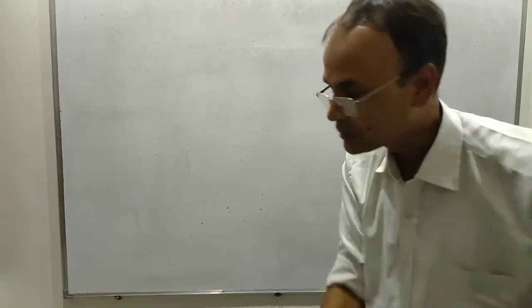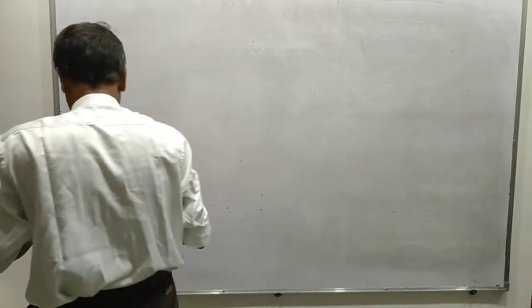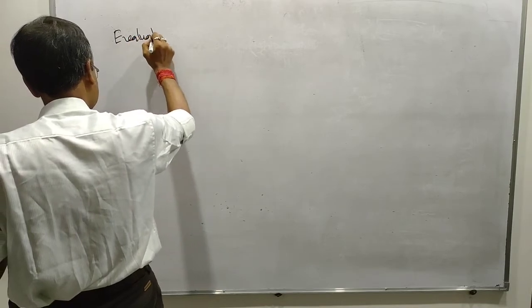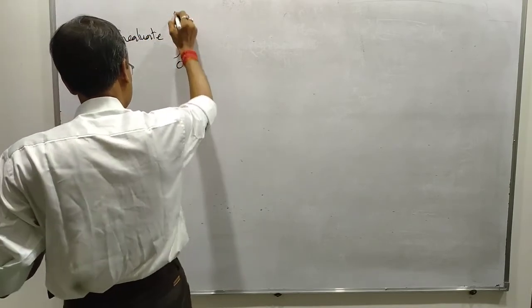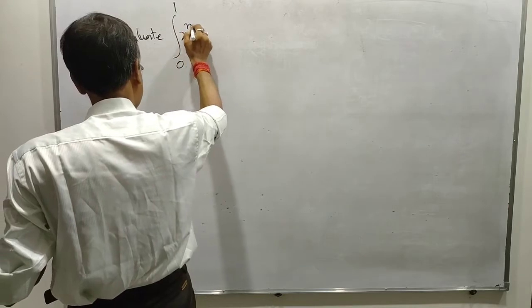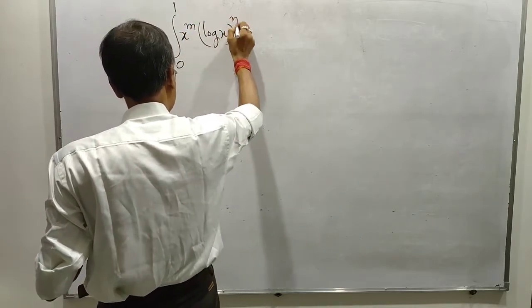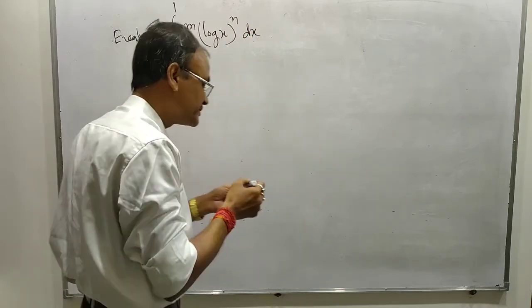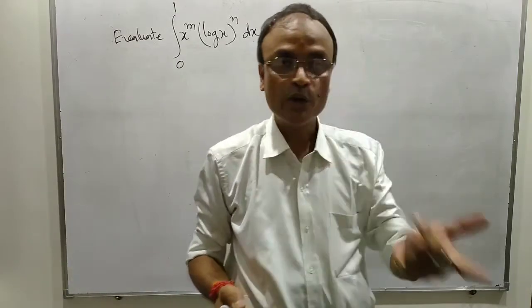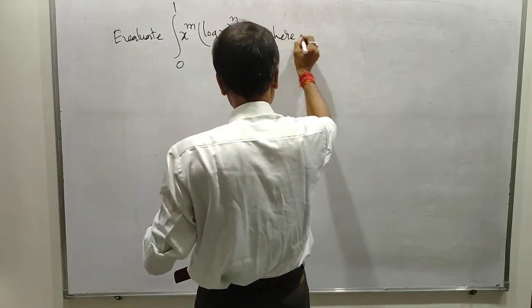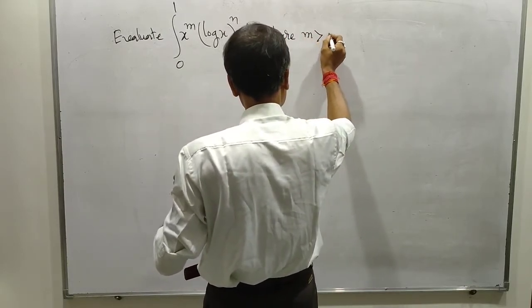Let me write the question. Evaluate integration 0 to 1 x to the power m (log x) whole to the power n. Evaluate this, where m is greater than 0.